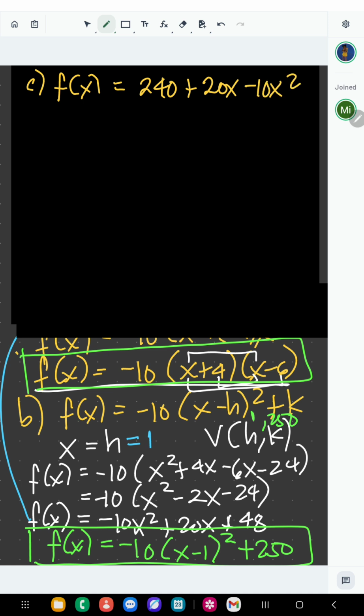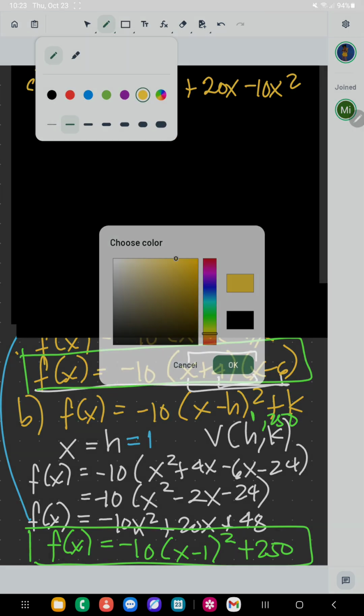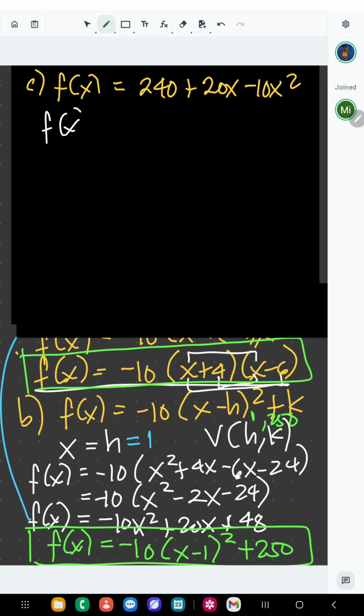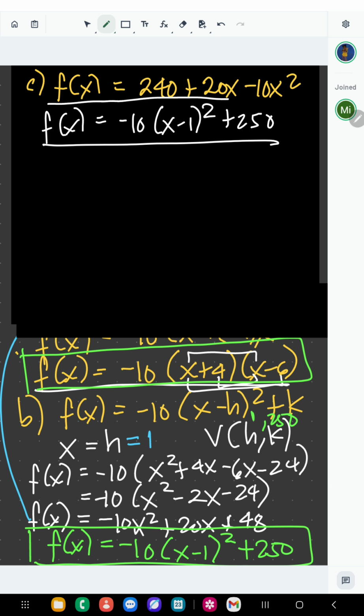I think letter C is referring to question B, right? So question B, we got this function in vertex form, f of x equals negative 10 times x minus 1 squared plus 250. So we prove that this equation can be written in this way, 240 plus 20x.